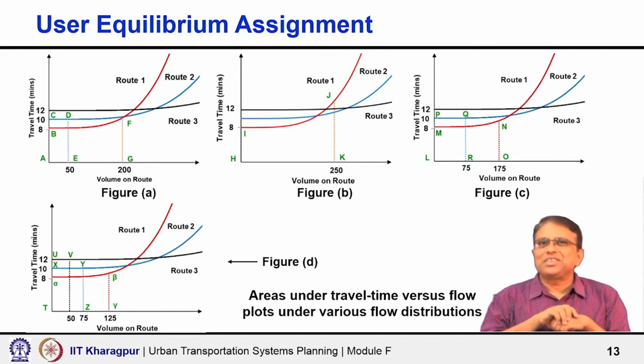That is very interesting. What it shows? It clearly tells us that in user optimal equilibrium, the total area under the curves will be minimum. That is the lesson learned.